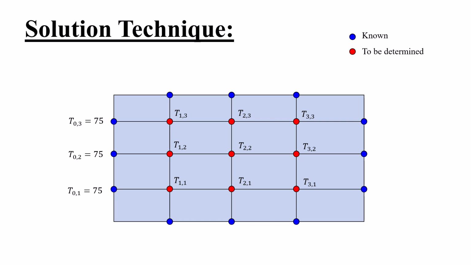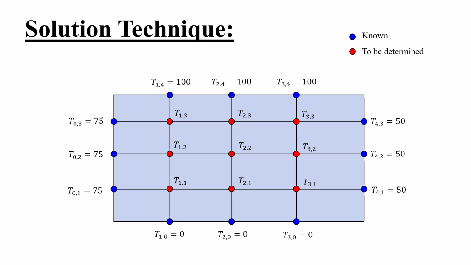One side is 75, another side is 100, the next is 0, and the third side is 50. You can see there are some rows and columns where you can look for the points. There are 25 points here, including the corners that are not mentioned here, but they have the same values. Now we will use this grid to solve the problem.